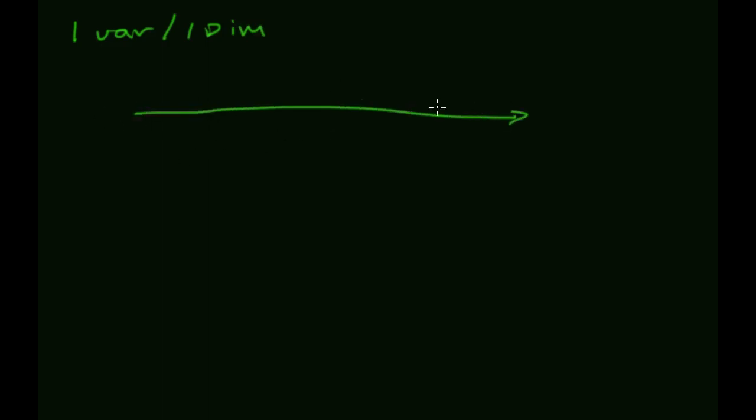It's like you have a string with a bead on the string, and x of t gives the position of that bead. At different times t, that bead is going to be at different locations along that string.